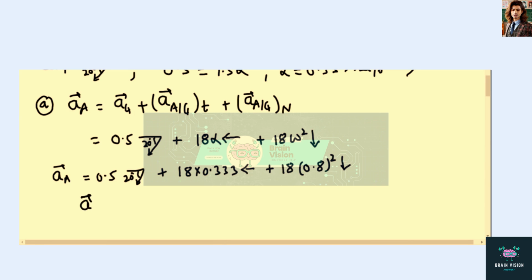So we can write the acceleration of A as 0.5 cos 20, if we are writing the direction, negative is not required, plus 0.5 sin 20 downward.